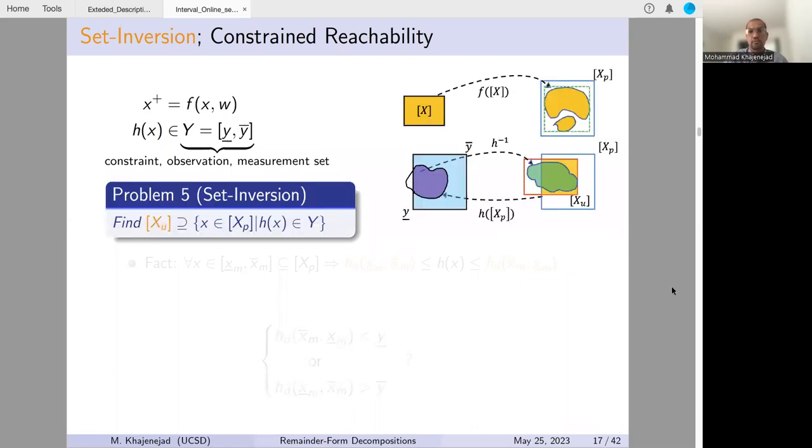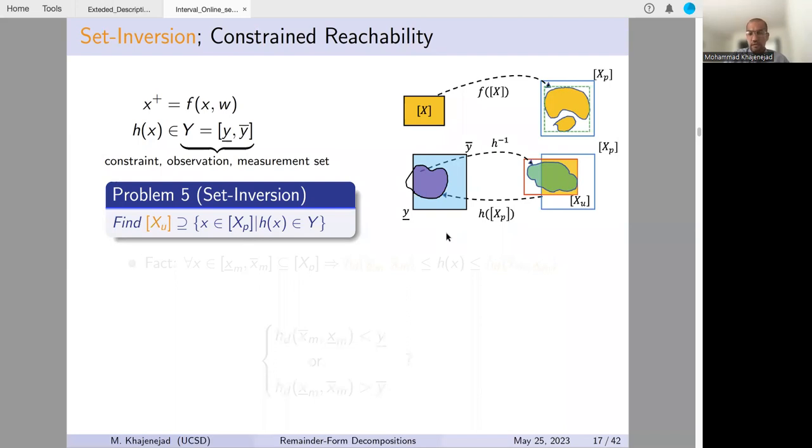So technically, after computing this propagated set, we want to find a subset of it such that if the observation function is applied on that subset, then it falls into our observation set, right? This operation is called set inversion in general, or the refinement or update step in the language of state estimation, and it is in general a hard operation.